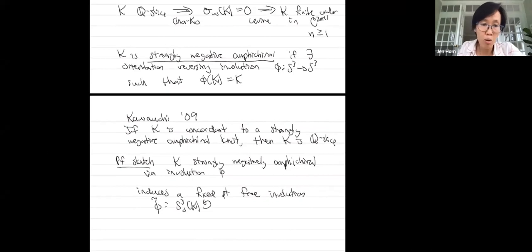Okay, and so we can quotient by this action. So let's call Y the zero surgery along our knot K, modded out by this involution.